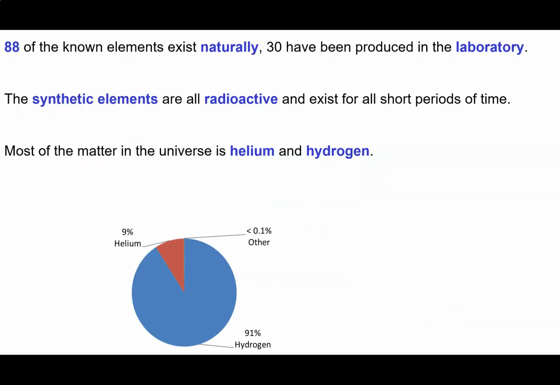What we know is that we find 88 out of the 118 elements naturally, by examining our universe. There they are, they exist. 30 of the elements have only been made in the laboratory. We've never observed them in nature. We make these in big particle accelerators.